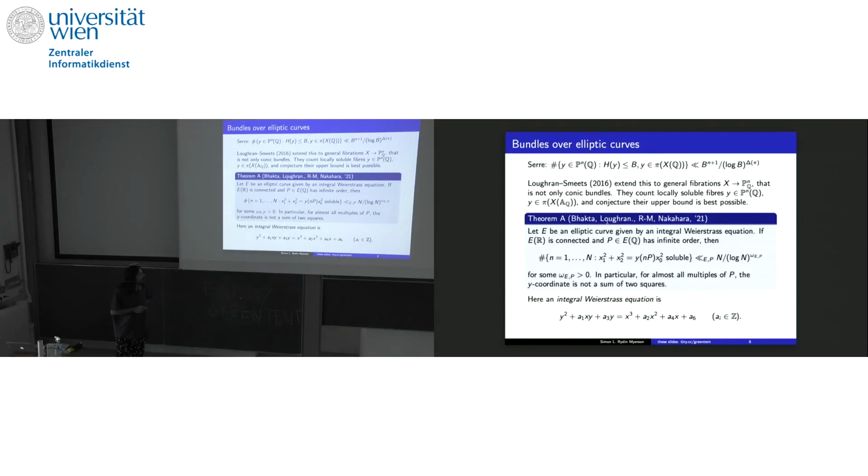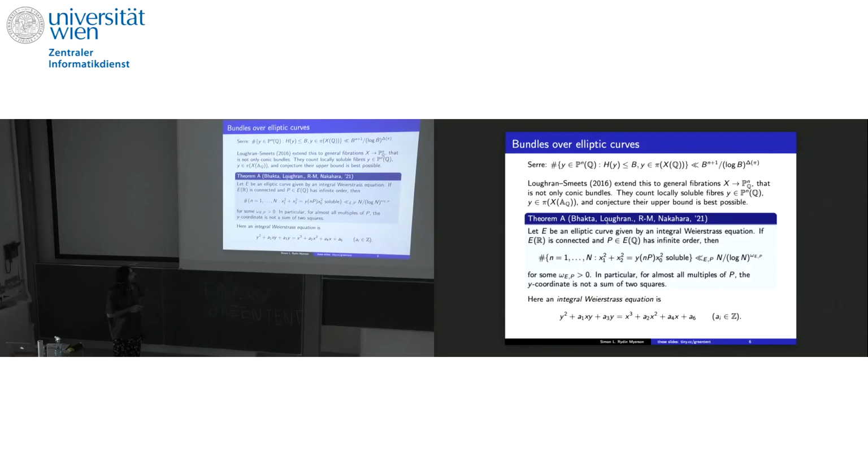So this is the result that I'm here to talk about. So this is instead of just parametrizing a family of conics by rational numbers, we're going to parameterize by the points of an elliptic curve. So some sparse set of rational numbers. In other words, rather than having a fibration over a projective space, we have a fibration over an elliptic curve.